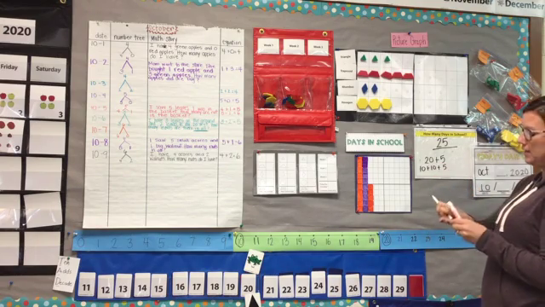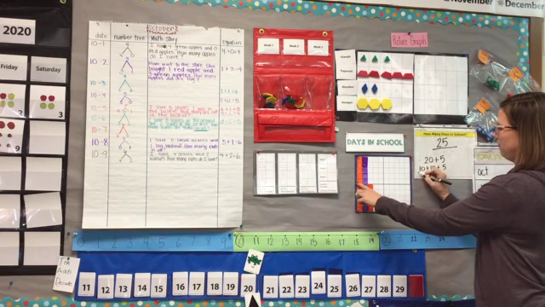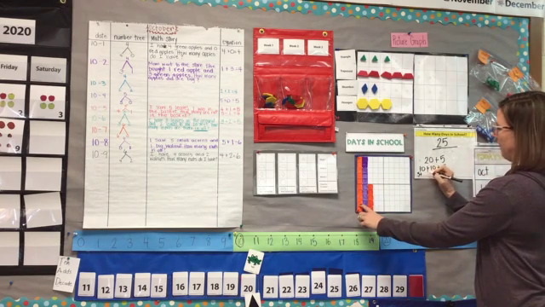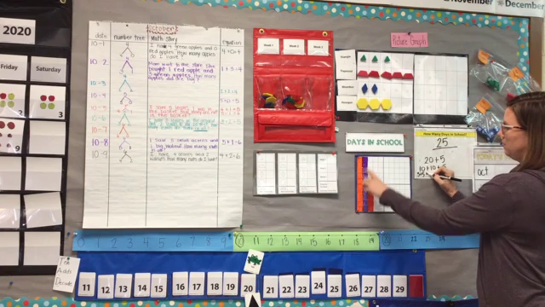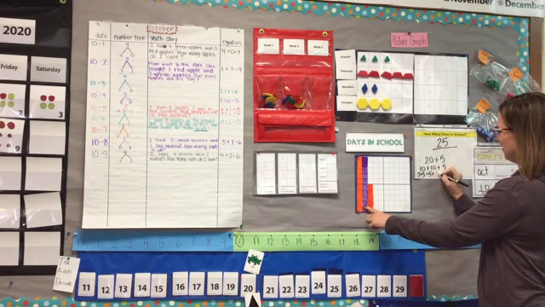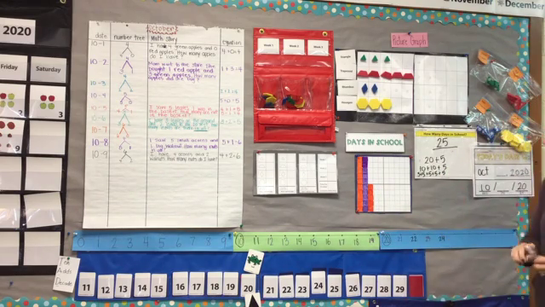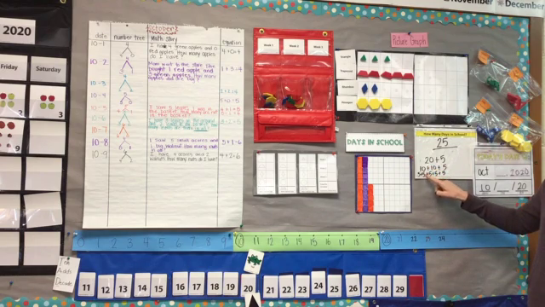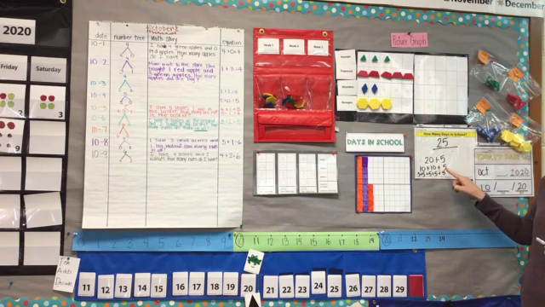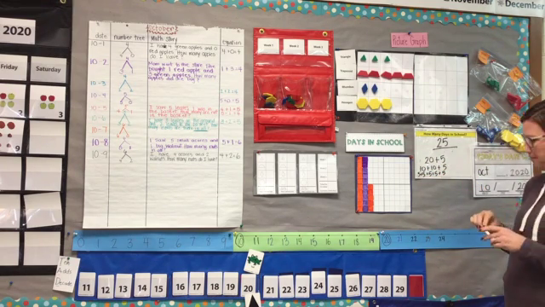You could break it down even more and go 5 plus 5 more plus 5 more plus 5 more plus 5 more. Let's count by 5s. 5, 10, 15, 20, 25. All of these equations equal 25.